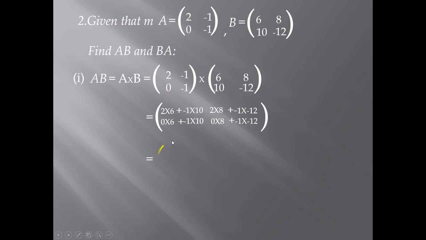Once we get to this level, the remaining work is just computation. So this is 12, this is negative 10 giving us 2, this is 0, this is negative 10, this is 16 plus 12 giving us 28, this is 0 giving us 12.